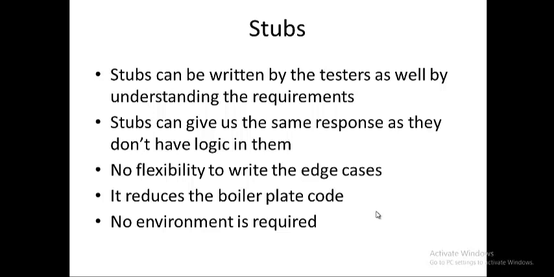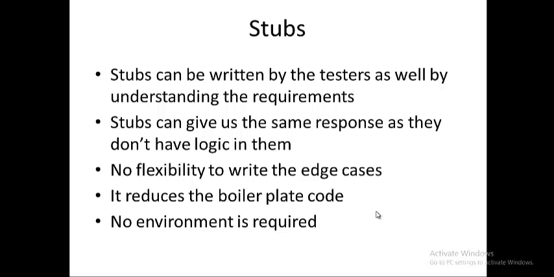Stubs are created through a contract. When I say contract, I mean what you need from me and what you give me back. So I create a Groovy message or a JSON message saying, this is how the request should appear and this is the response I'll give you back. For example, I'm creating a stub for a basic get call, just an API login, to fetch how many users are present in my application.